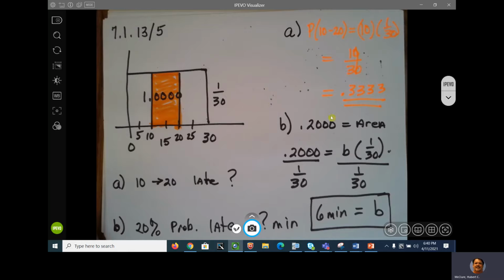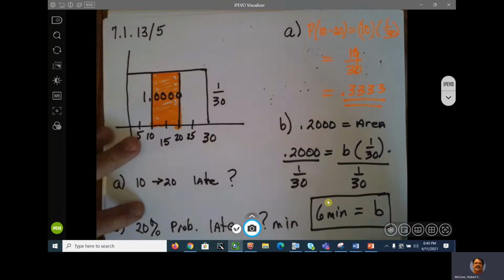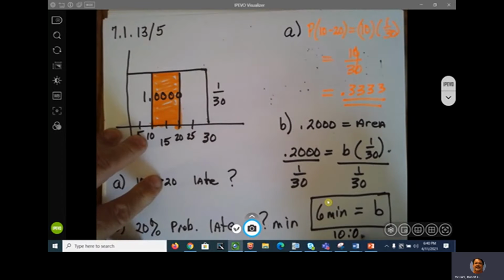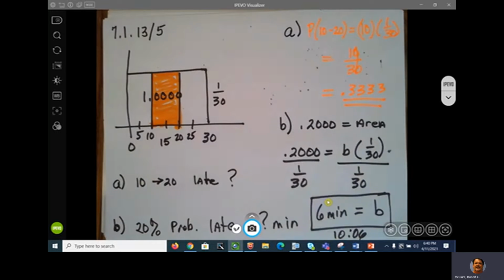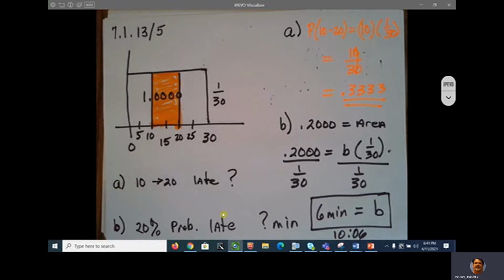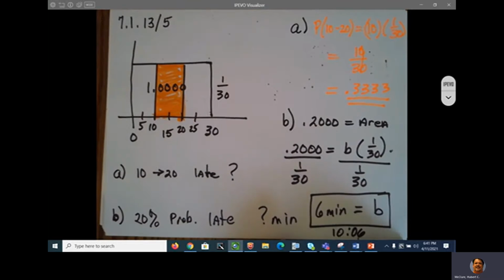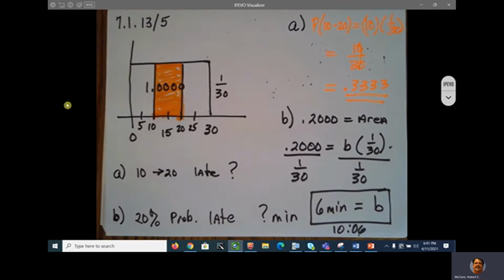And then if they give us a 20% chance that somebody's going to be late, that 20% means that they're going to be 6 minutes late, which if we meet at 10 o'clock, then that person should show up by 10:06, 6 minutes late. And I'll leave that on the board for a few minutes. You can hit pause and catch up wherever you need to catch up.